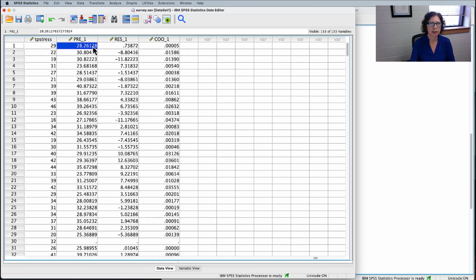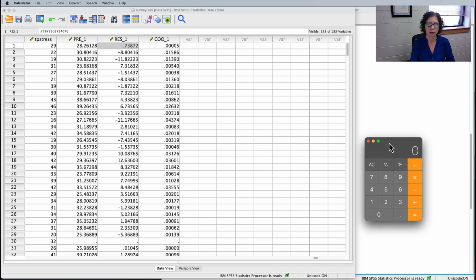So the predicted value for total perceived stress, the residuals, and what total perceived stress actually was. So this is measured from the participant, and based on the data, and the model estimation, this is what we predicted it to be. And the difference between those two is the residual. Like we can even check it out with a calculator here.